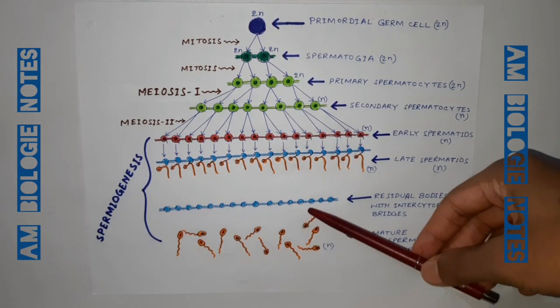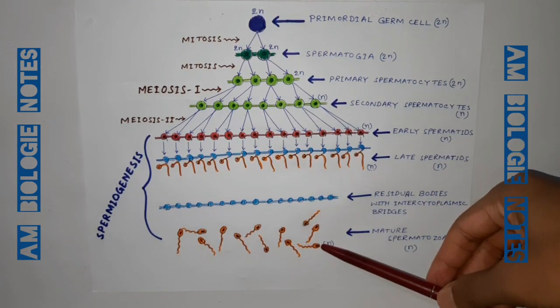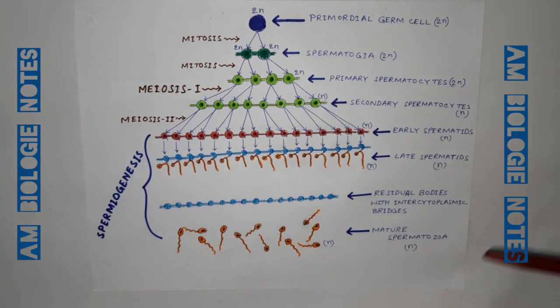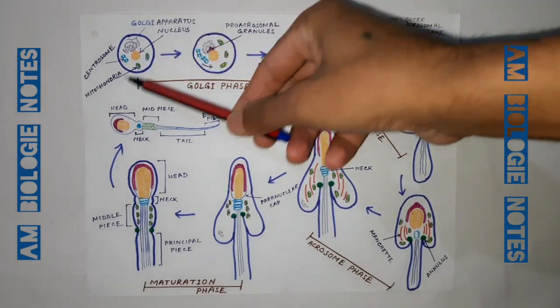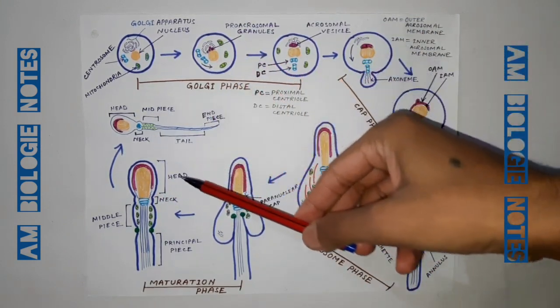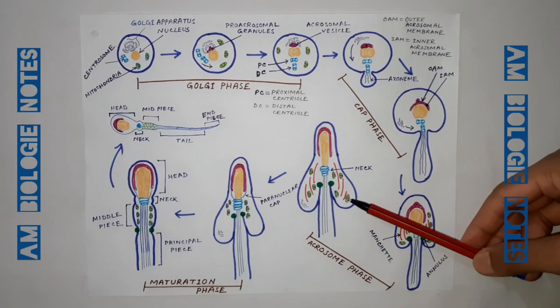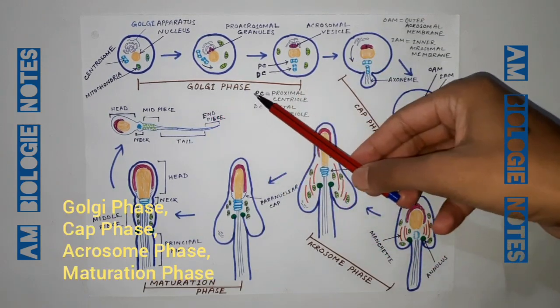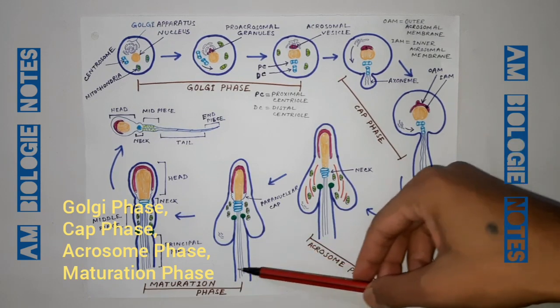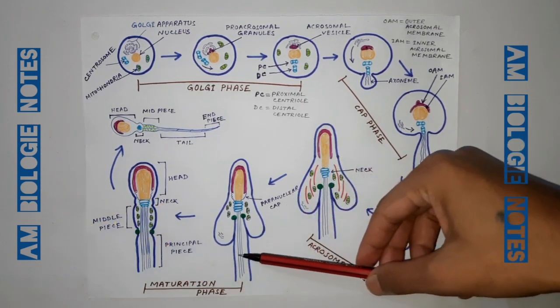There are huge changes that occur during this process, which I will discuss now. This is a diagram showing the spermiogenesis process. The process consists of 4 phases: Golgi phase, cap phase, acrosome phase, and maturation phase.